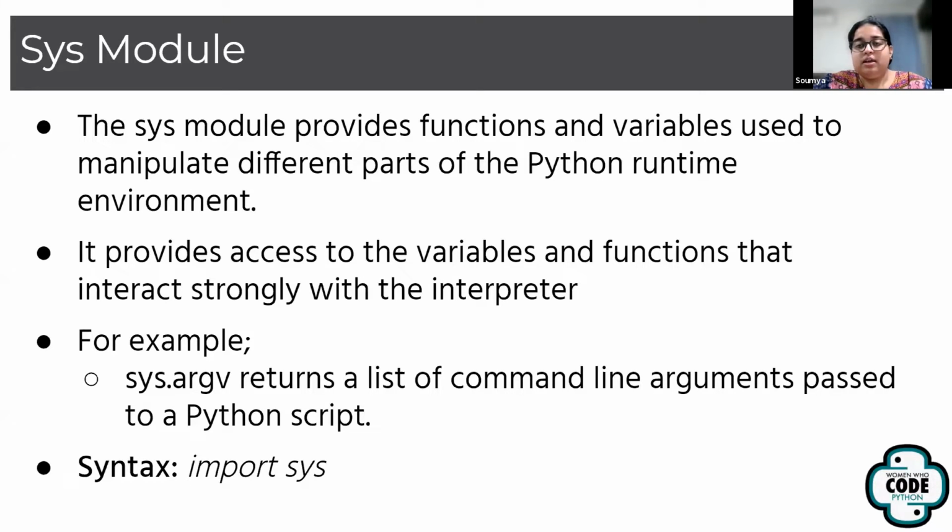That's something we can get in Python as well using sys.argv. We have argv and argc in C. Over here we have just argv, but it has a combination of both of those.